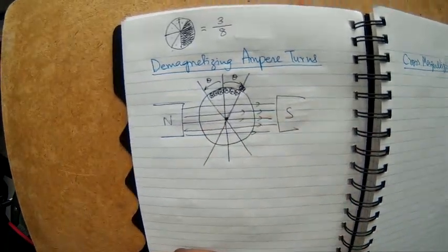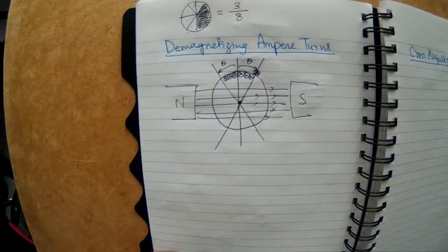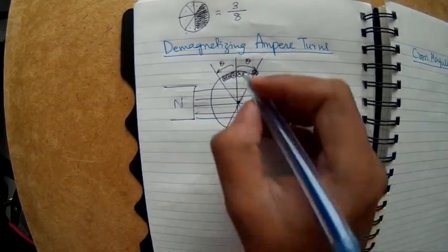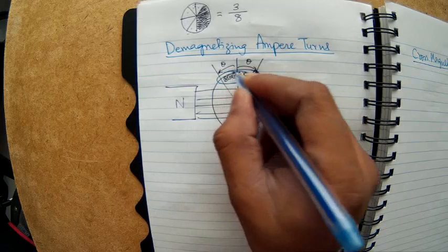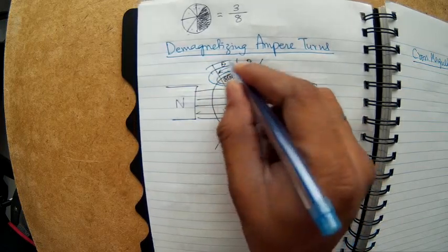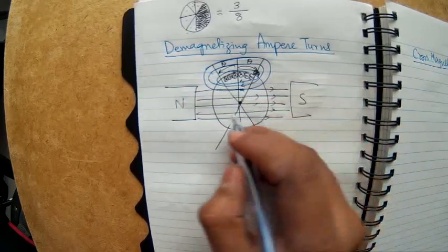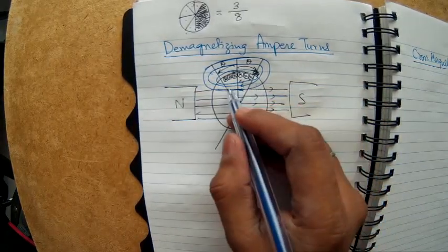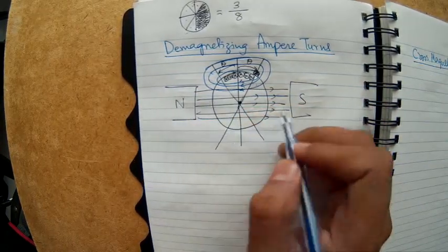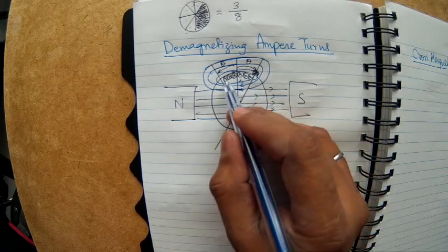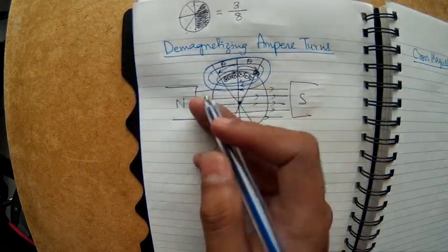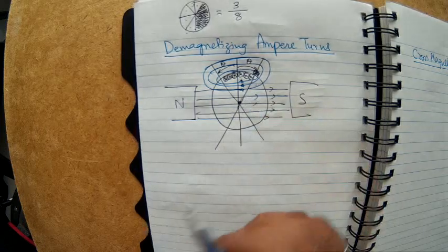What is the magnetic field of these conductors? The magnetic field of these conductors would be something like this. It is actually opposite. The main field is left to right, whereas the field due to this is right to left inside the armature core.